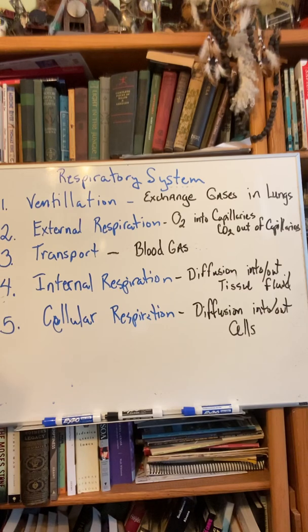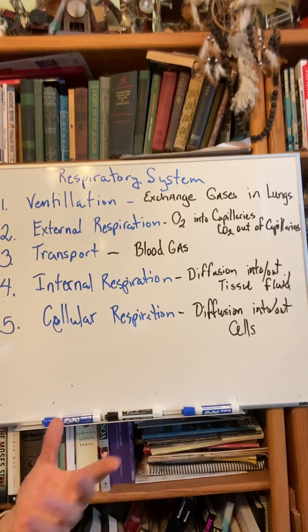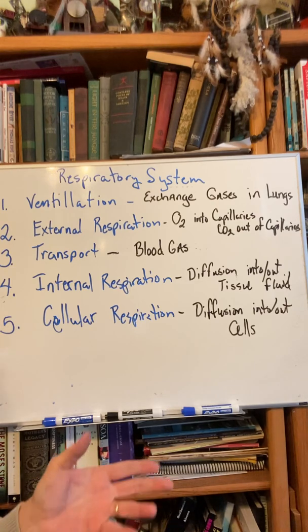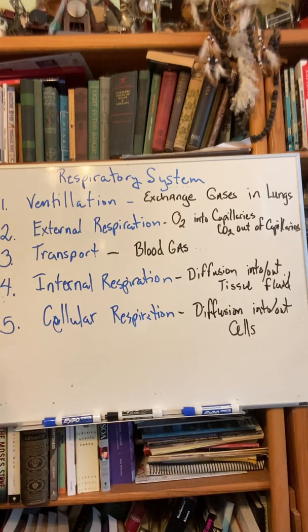In capillary exchange, nutrients move into the tissue fluid, as well as oxygen. Oxygen diffuses from the blood into the tissue fluid, and we had talked about water and nutrients diffusing in and water and waste products diffusing back into the capillaries after the fact. But we're going to focus on the gases now.